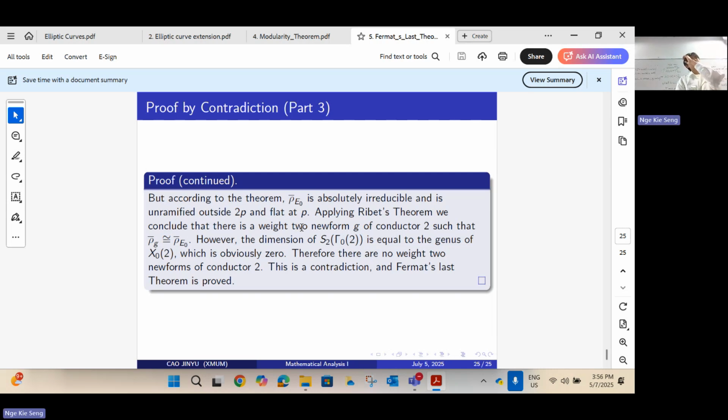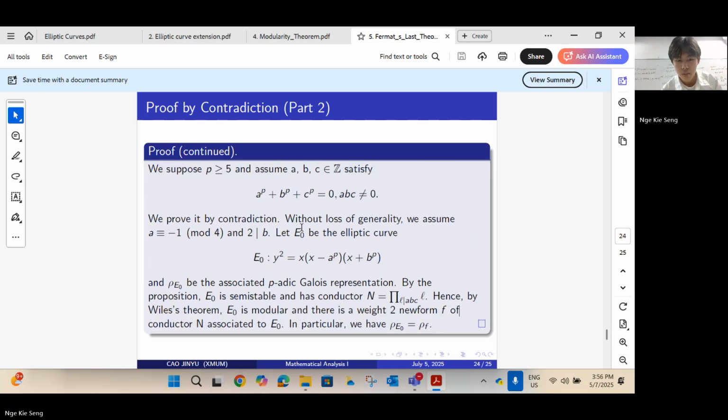How do you go from here? How do you find it? Oh, no. Okay.